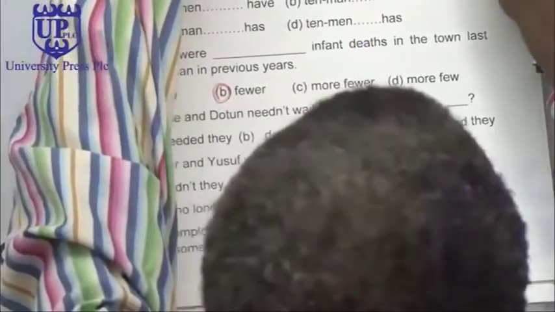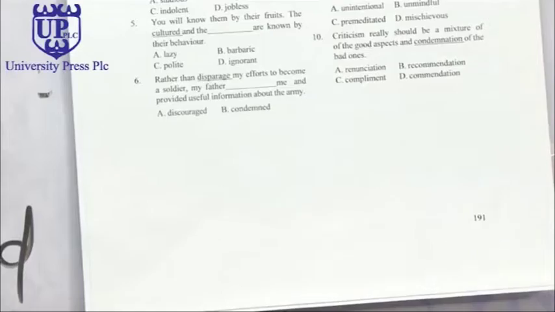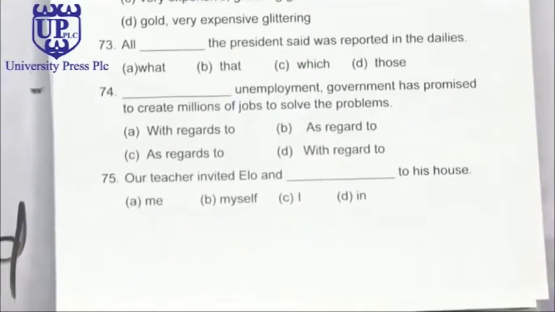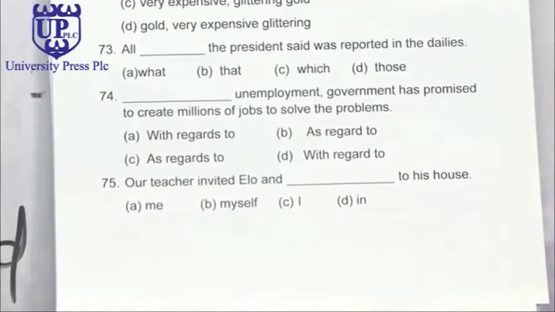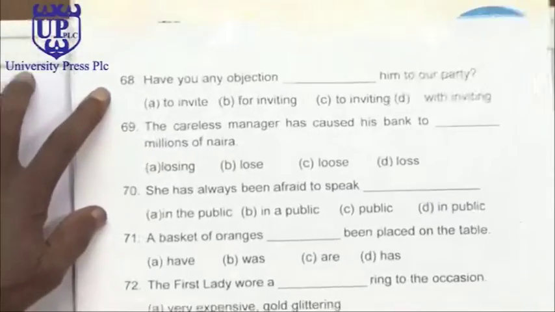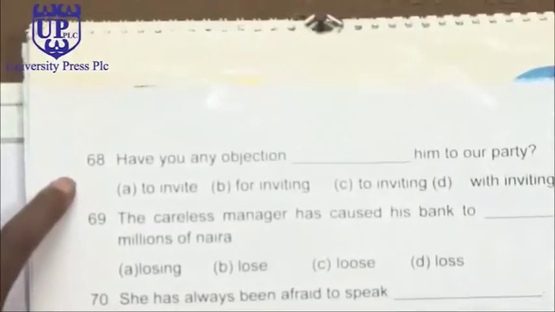But you can talk about a job, and then it's jobs. Jobs has the plural, but employment has no plural. Number 68 now: do you have any objection dash him to our party? Objection to inviting.